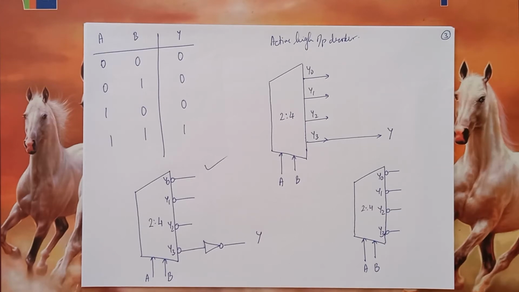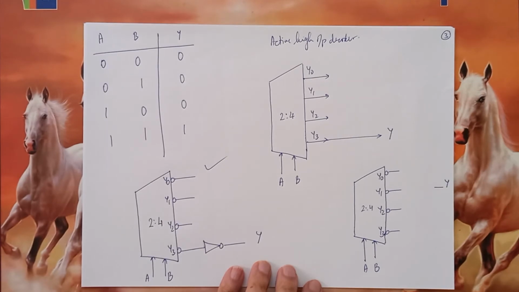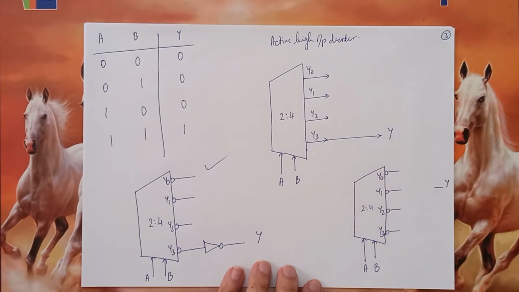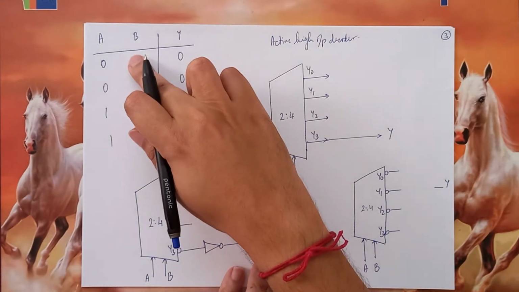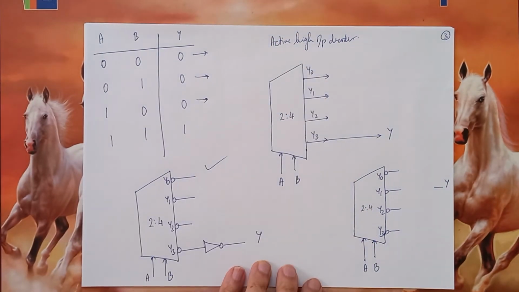That means, can I use Y0, Y1 and Y2 in such a way, by combining them through some means, to realize Y? First thing to note is that Y0, Y1 or Y2 lines will be activated when A, B are either 0, 0, 0, 1 or 1, 0. So this corresponds to each of the three lines, Y0, Y1 and Y2. So when A and B are 0 and 0, Y0 will be 0.